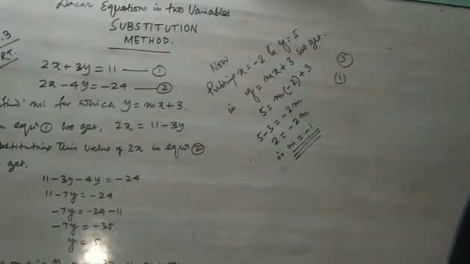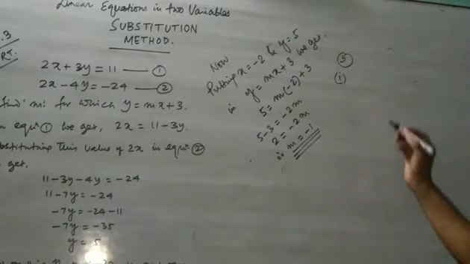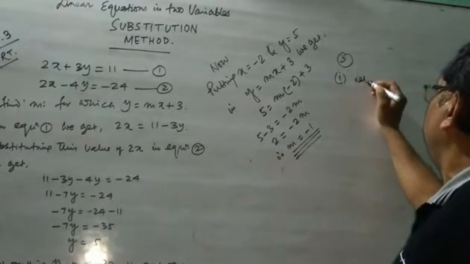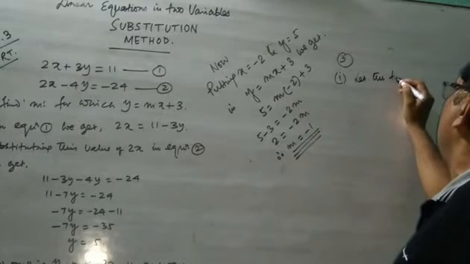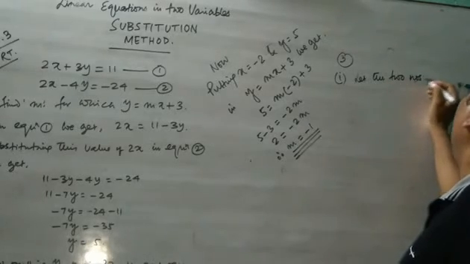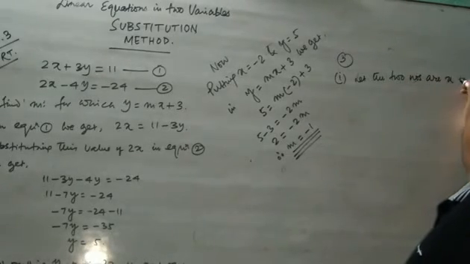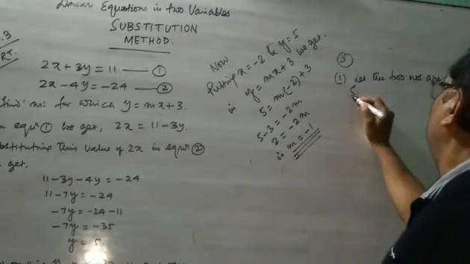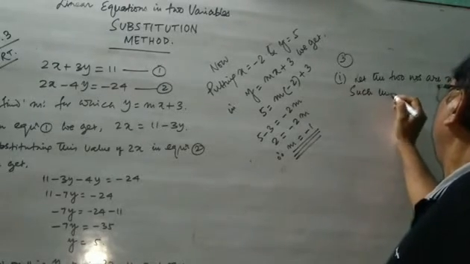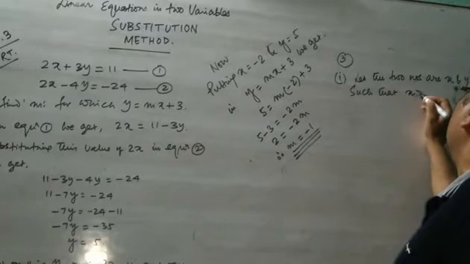The question is: the difference between two numbers is 26 and one number is 3 times the other. Find them. Simply, let the two numbers be x and y such that x is greater than y.